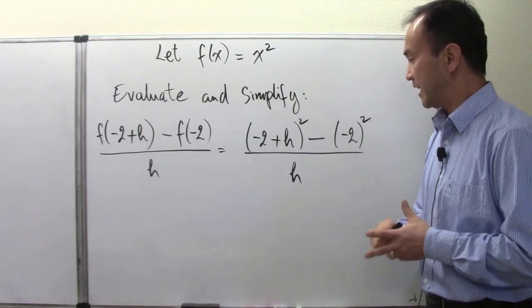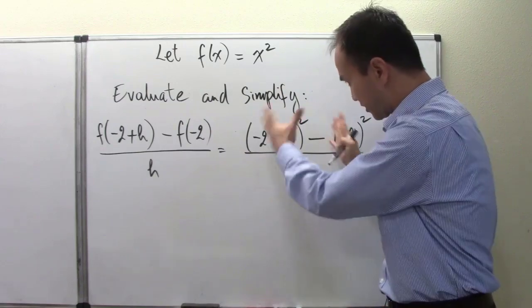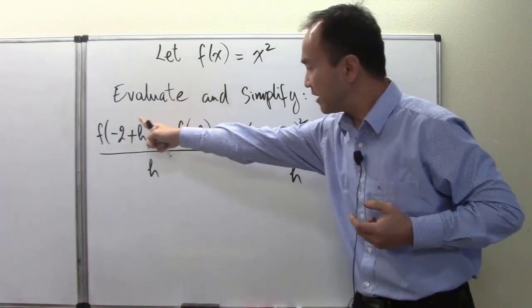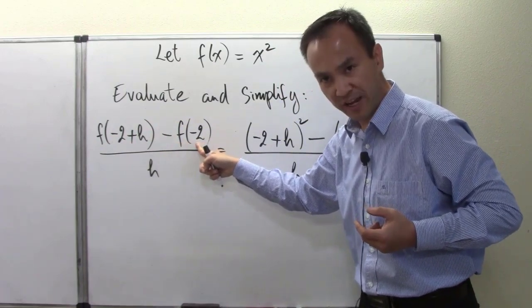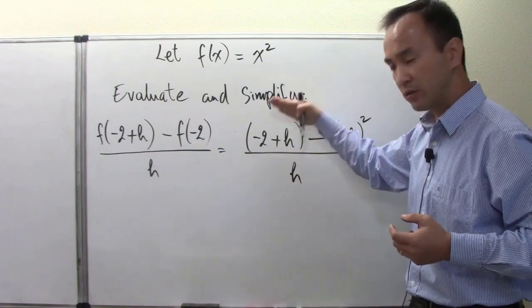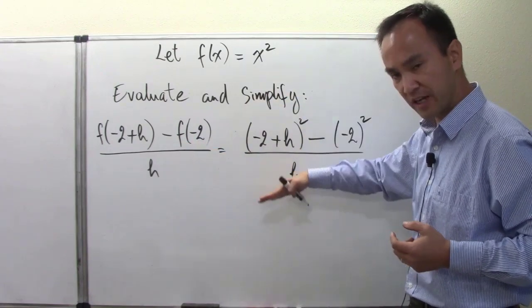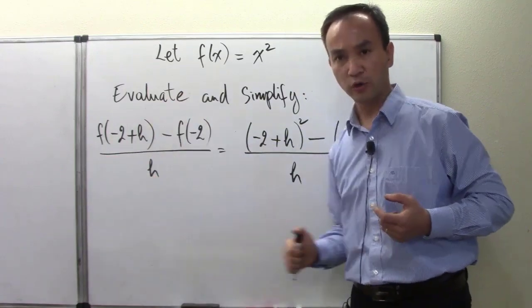All right, and so in this way, at this point we have successfully evaluated the function at that input and also the function at this input negative 2, and subtracted the 2. Okay, and divided by h. So this is how we have evaluated this overall expression.